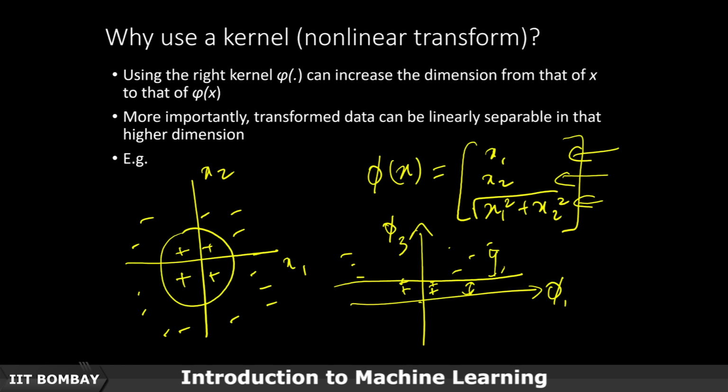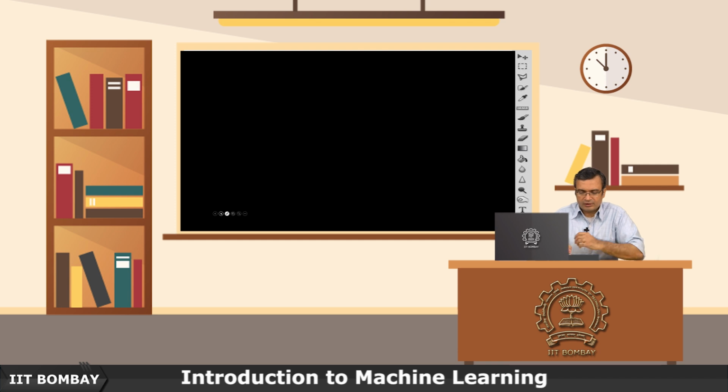So many times we need to transform the data into multiple dimensions to be able to find a linear boundary, possibly even infinite dimensions. Okay. So now that brings us to another point of what is a kernel, right. So a kernel will be a function of two data points, it will not be a function of a single data point. So it will be a function of xi and xj. Okay.